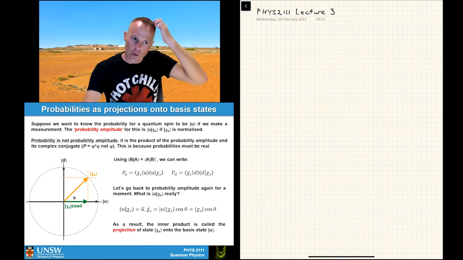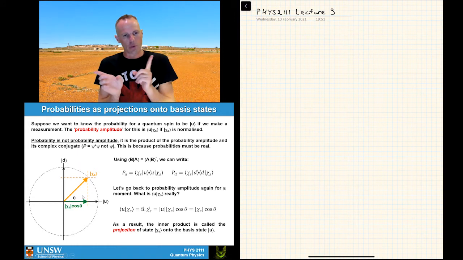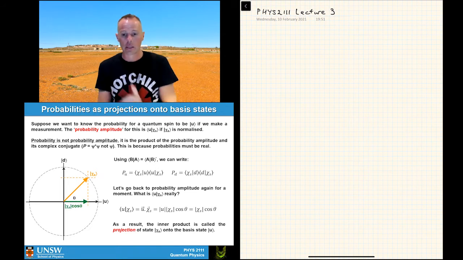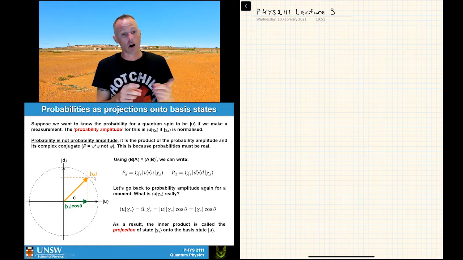So what we're really looking at as probabilities here is something that depends on where this vector sits in terms of its angle relative to the basis vector that you're interested in using for the measurement. Here you see that this vector is symmetric between up and down. That's why we call it chi-s, for chi-symmetric.